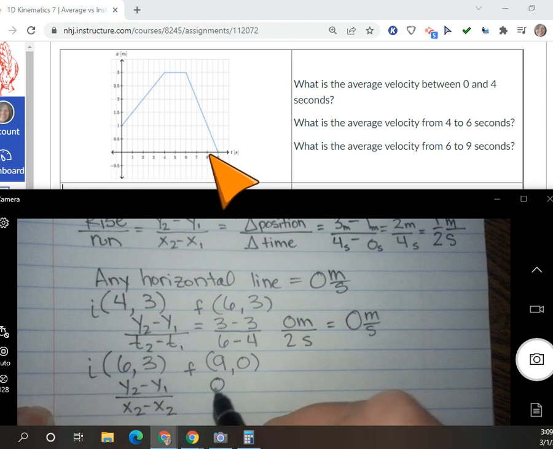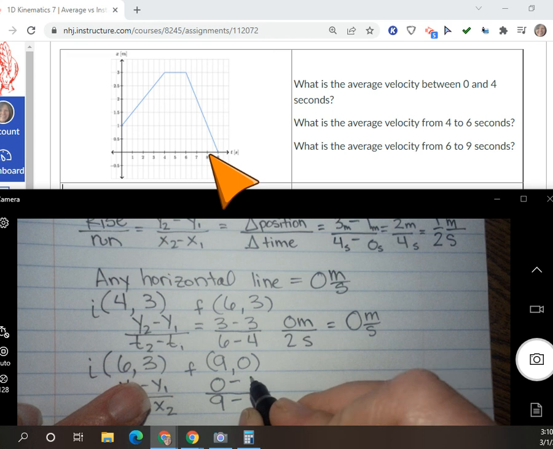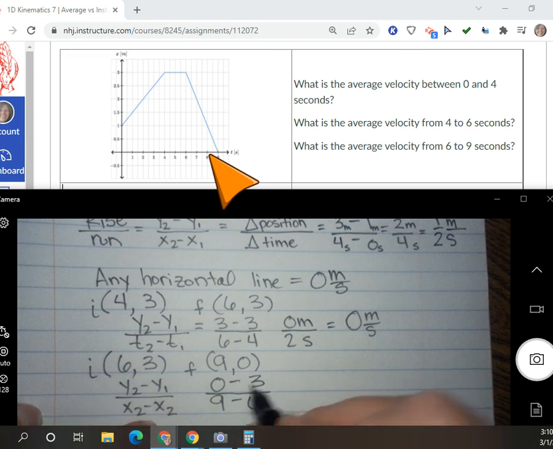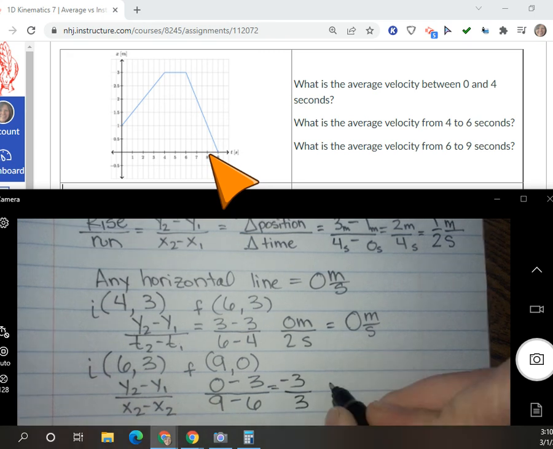My y is 0, my x is 9. So my initial, my x is 6, my y is 3. So 0 minus 3 gives me a negative 3 over 3. And so I get negative 1 meters per second.